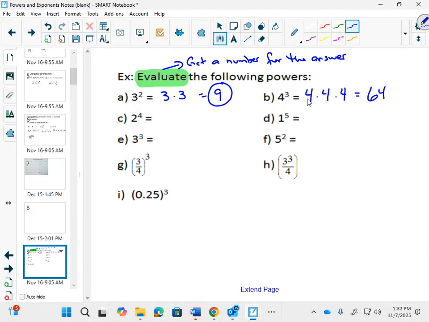That might be one I'd let you use a calculator on a quiz or a test. 2 to the 4 would be 2 times 2 times 2 times 2. 16. Circle. I'm going to put a circle around all of my final answers.